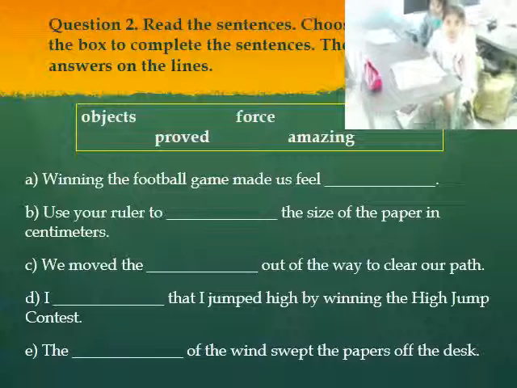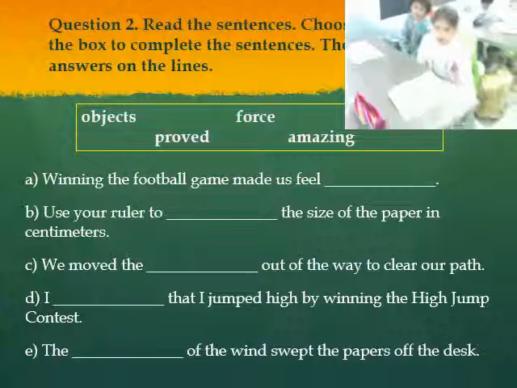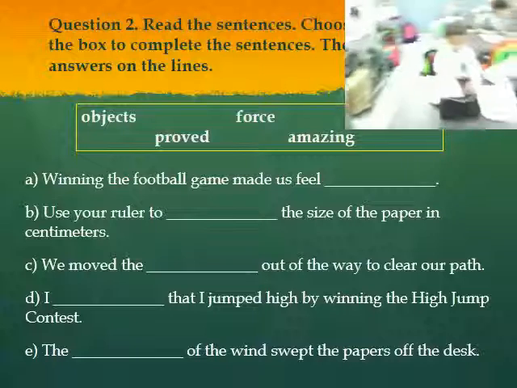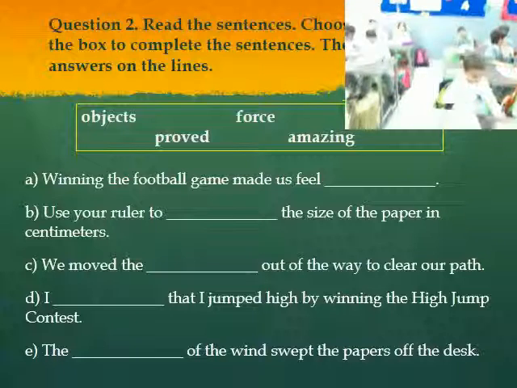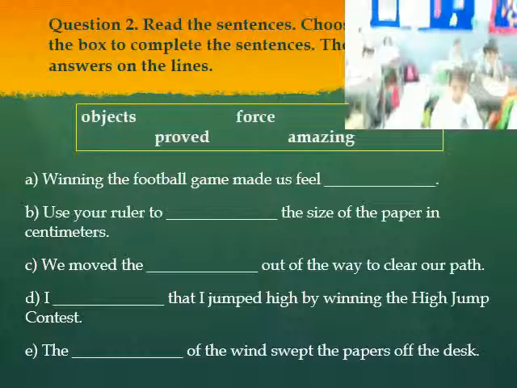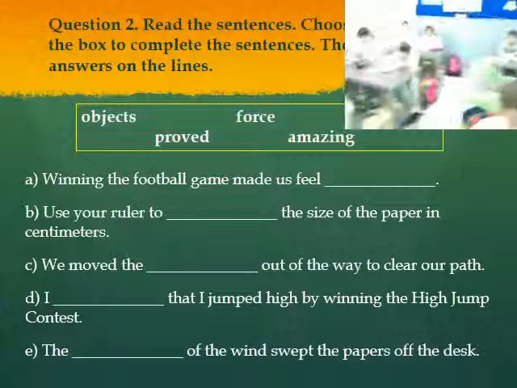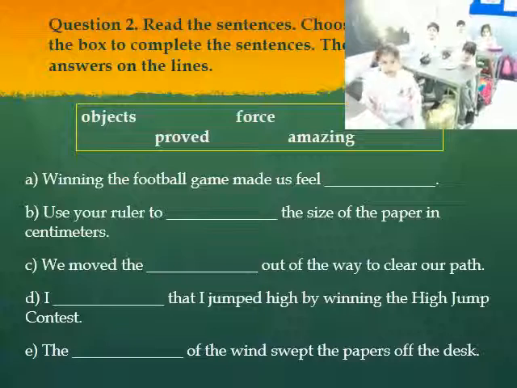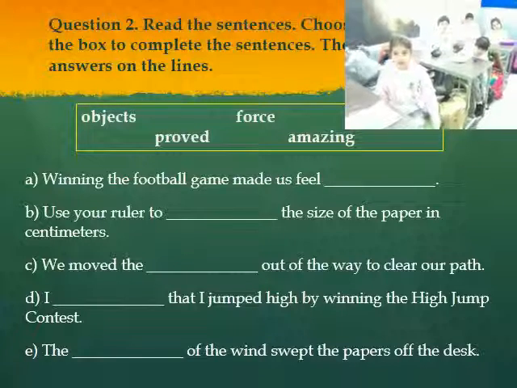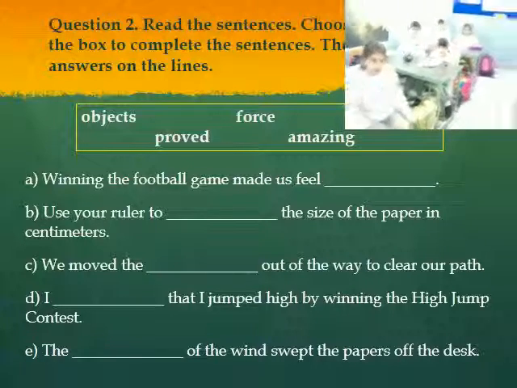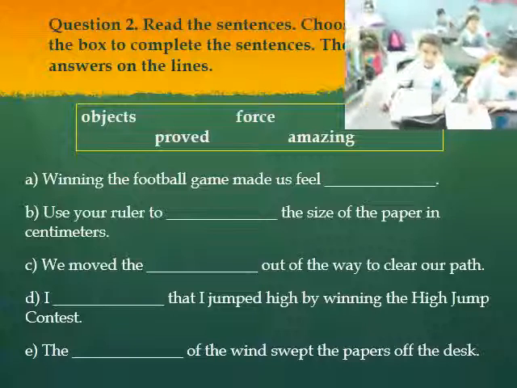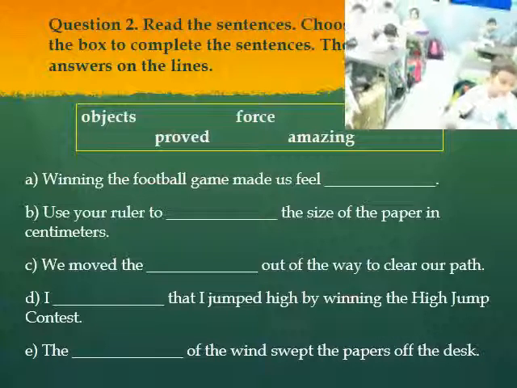Okay, to know the size of something. Okay? Okay, the next word? Proved. What's the meaning of proved? If you proved something, it means you showed what? Is true. Okay. If you proved something, you showed it is true.